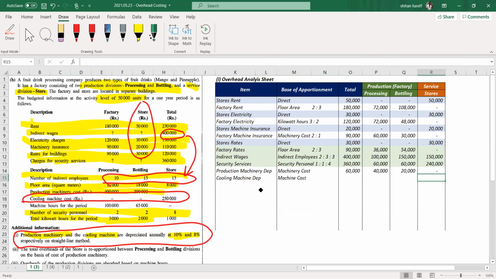So 250,000 into 8%. So actually these are direct, okay? 250,000 into 8%, 0.08. 20,000.